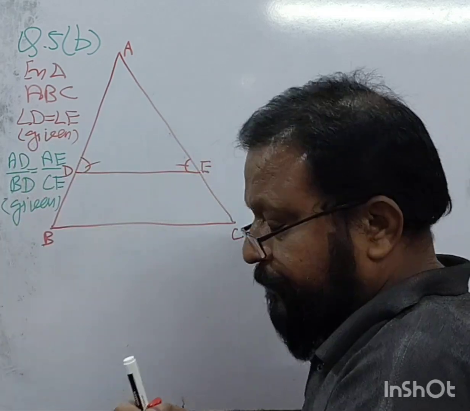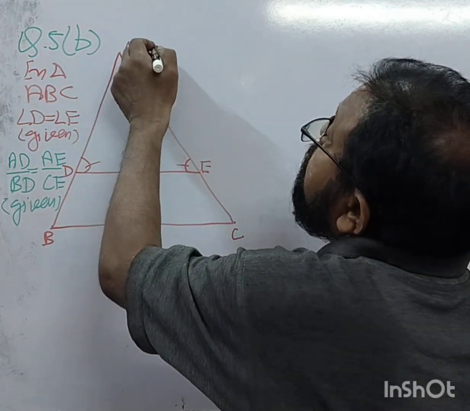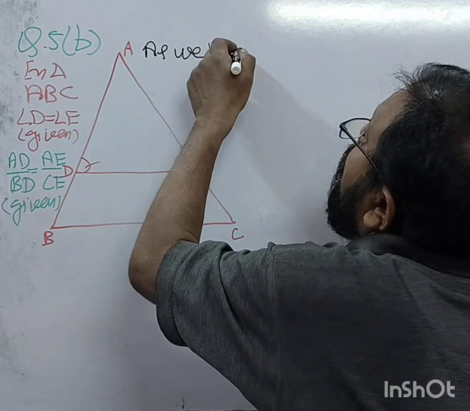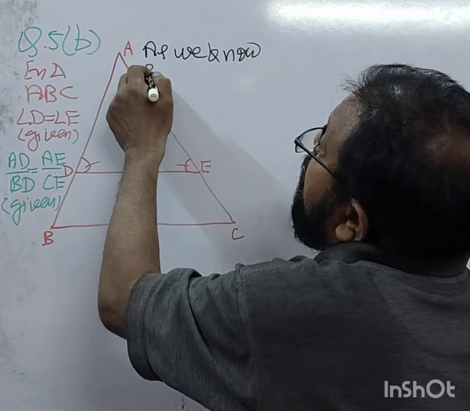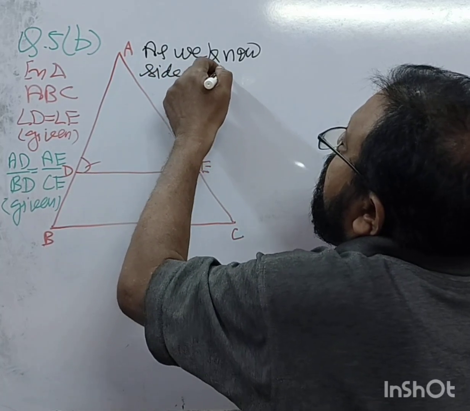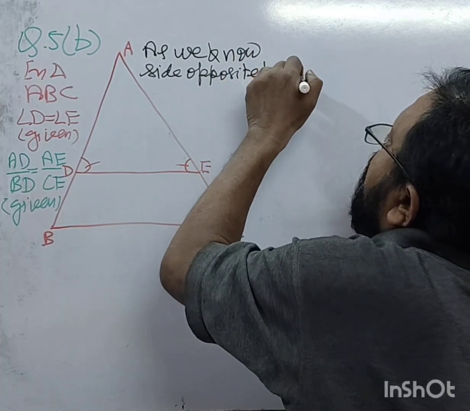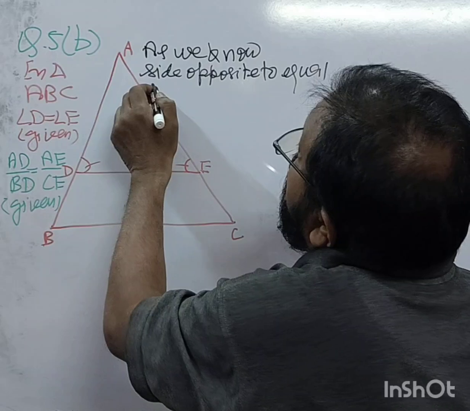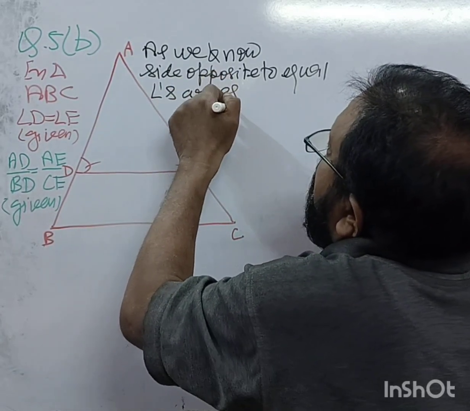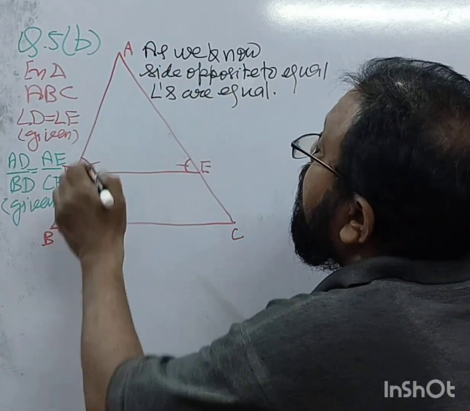So as we know, sides opposite to equal angles are equal.